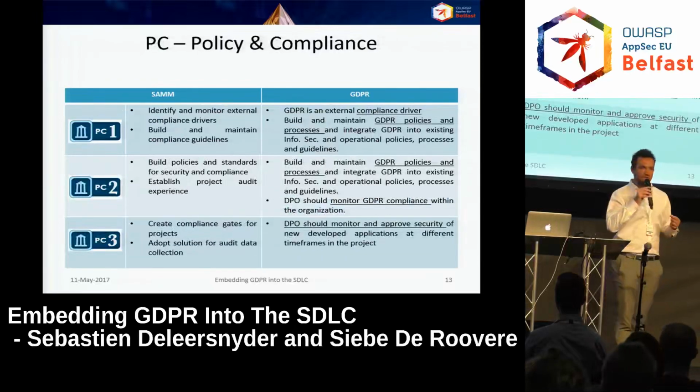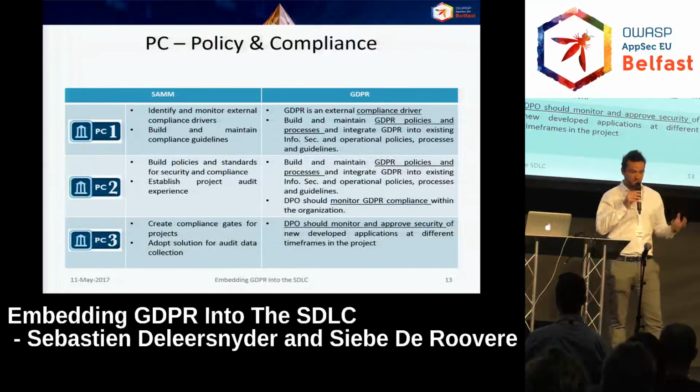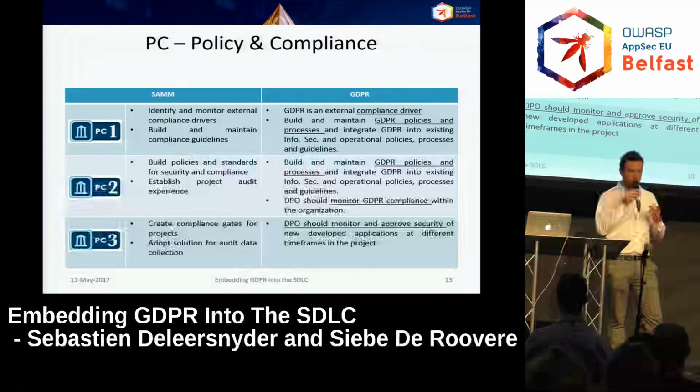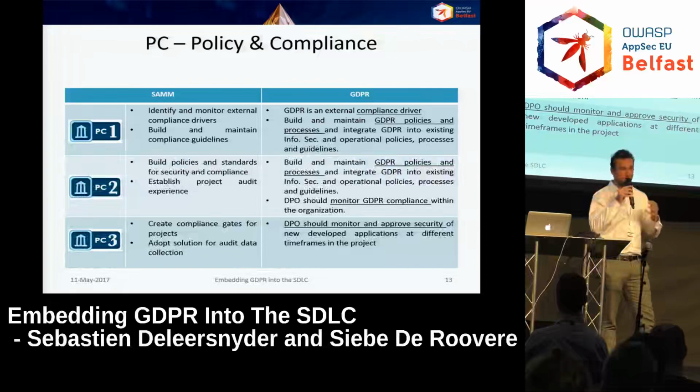Policy and compliance, I think this is a pretty straightforward domain. It states that the GDPR as a whole is an external compliance driver, which should be taken into account when you design and create new applications, and also for your organization as a whole. And you should create the necessary policies and processes to make sure that these principles from the GDPR are taken into account when you build new applications.